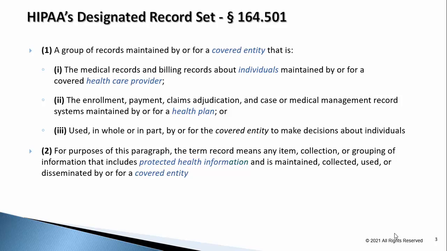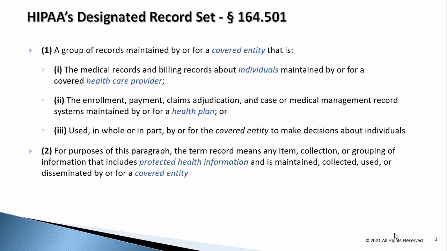If the information is used to make a decision about a patient or is one of those other record sets that are named, those are designated record sets. And to those designated record sets, many of the HIPAA rights, such as the patient's rights to be notified of breach or to have access to copies, are all attached.